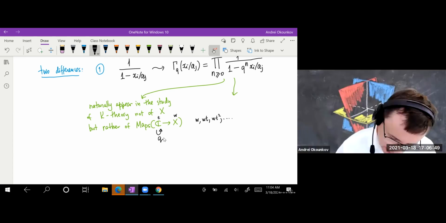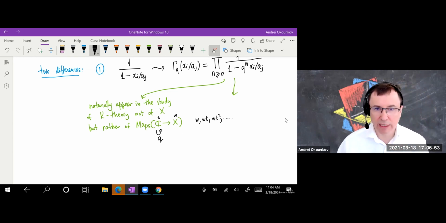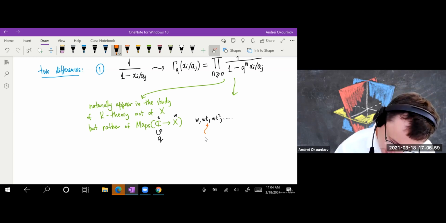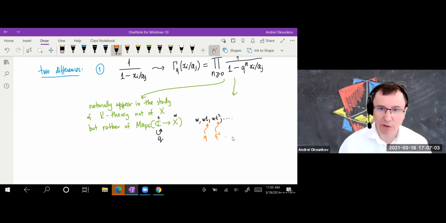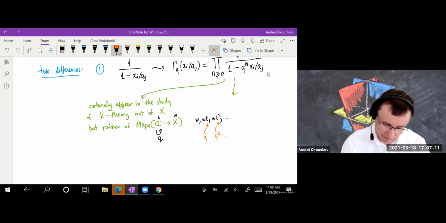All these monomials will carry an equivariant action. So this will have the weight Q, this will have the weight Q squared, and so forth. So when you account for all of them, instead of a rational function as previously, now you will have a Q gamma function.